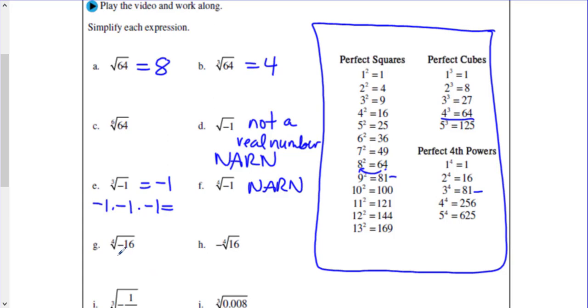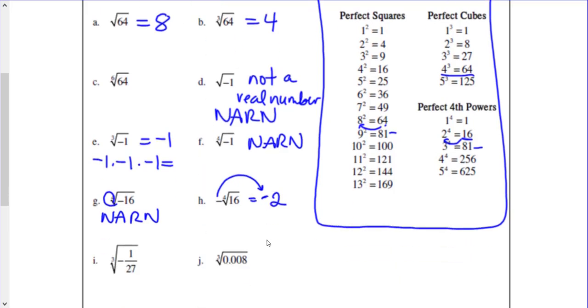Let's do 16. Fourth root of -16. Can't do that one because it's an even root. But I can do the fourth root if the negative's on the outside. So fourth root of 16, here's the fourth power list. Its base is 2, so that would be equal to 2, and the negative would carry over and give me -2.